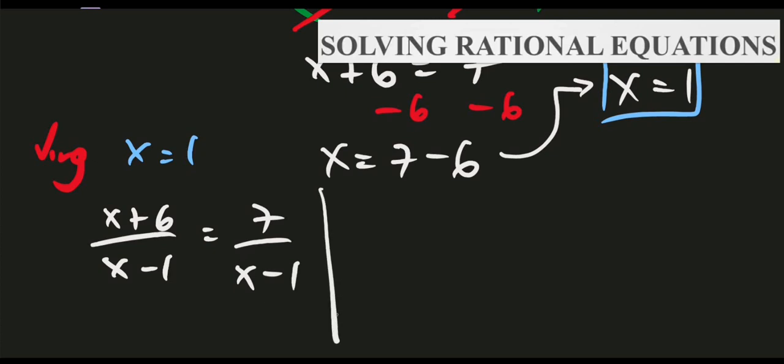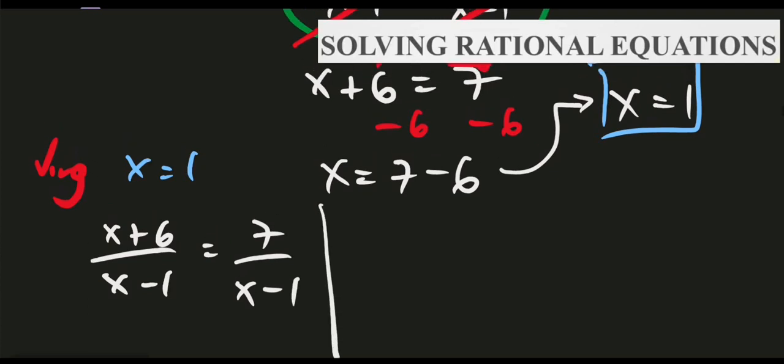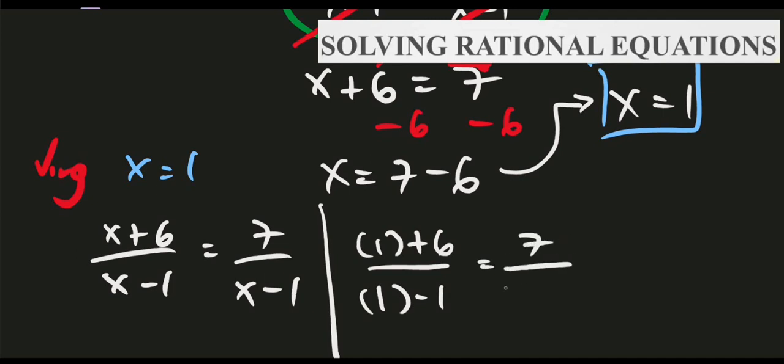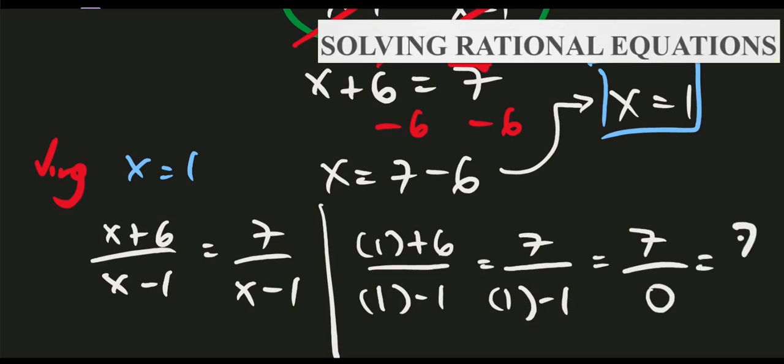So obviously, dear students, if we substitute the value of x as 1 into our given expression, it will give us 1 plus 6 all over 1 minus 1, that is equal to 7 over 1 minus 1, right? So by simplifying this, it will give us 1 plus 6, that is 7, all over 1 minus 1, that is 0, and that is equal to 7 all over 1 minus 1 again, that is 0.